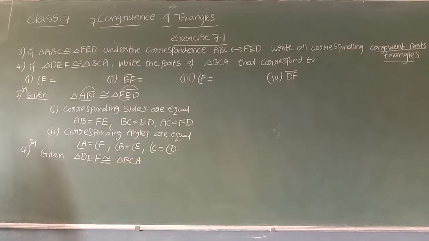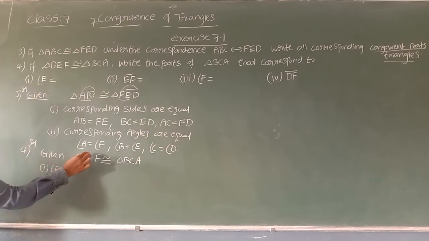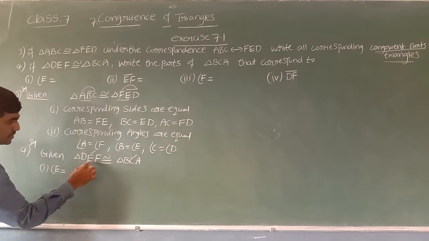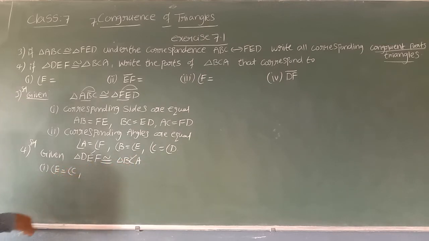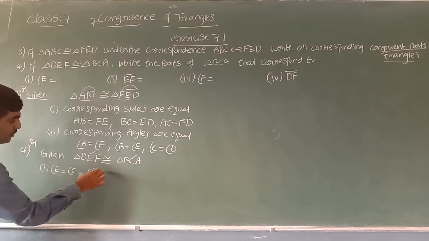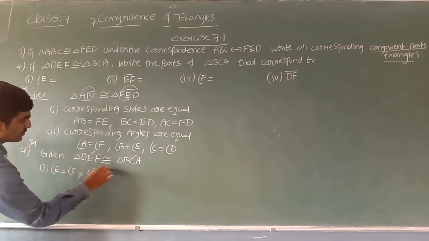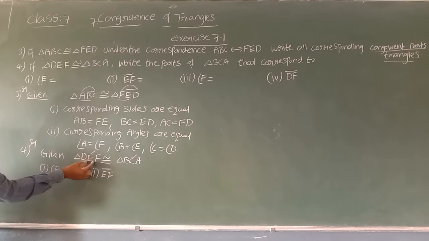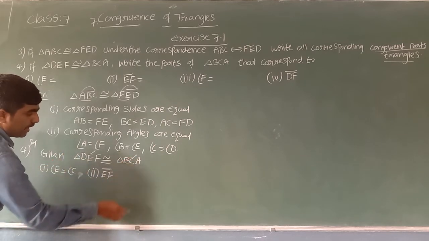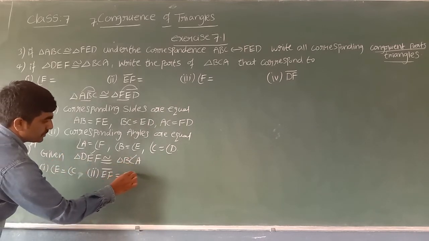Now we write the equal parts. They are asking for the corresponding part of angle E. Angle E is equal to angle C; both must be in the same places. Next, the corresponding side of EF: EF is the last two, so the corresponding side is also the last two. EF is equal to CA.